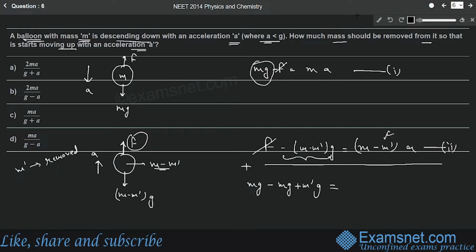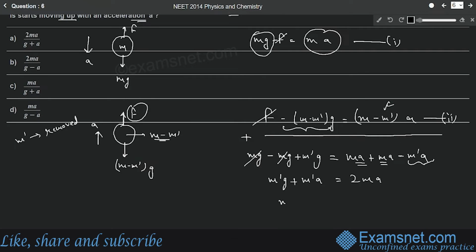On the right hand side we have mass into acceleration from equation 1, and from equation 2 we have mass into acceleration minus m dash into acceleration. So plus mg and minus mg cancel. So on the left hand side m dash g, and let's bring this m dash a this side. So it will be plus m dash a, and this side ma plus ma, that means 2ma.